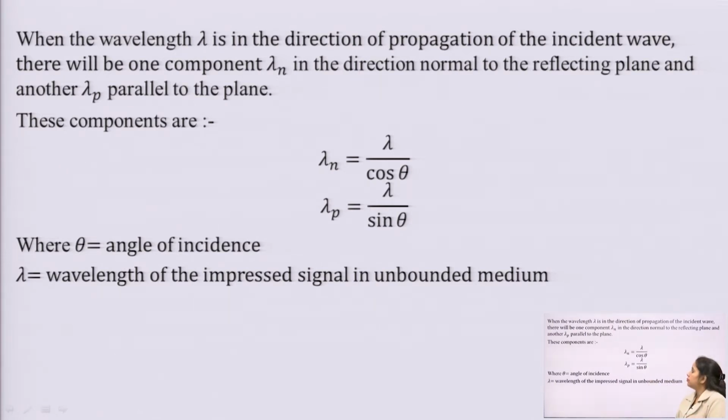And since the wavelength lambda is in the direction of propagation of the incident wave, there will be one component lambda n in the direction normal to the reflecting plane and another lambda p parallel to the plane.